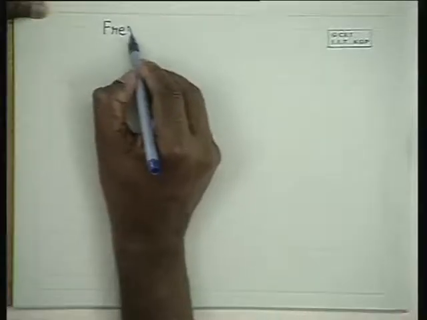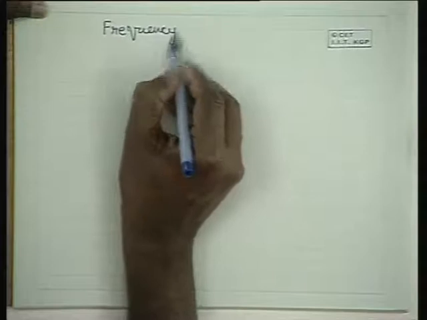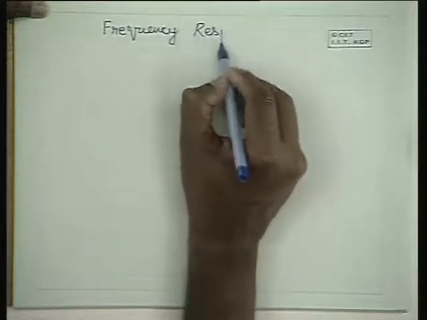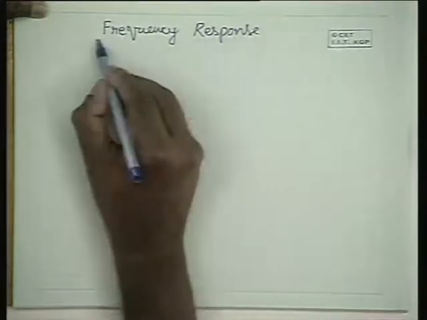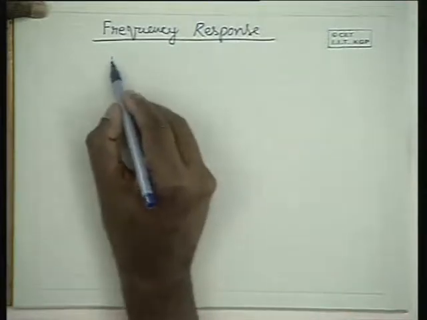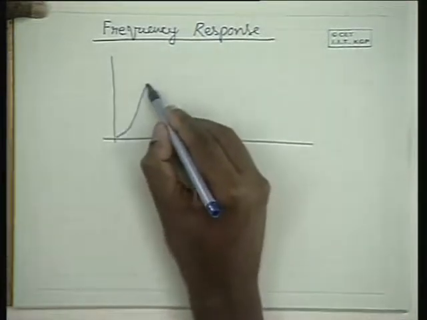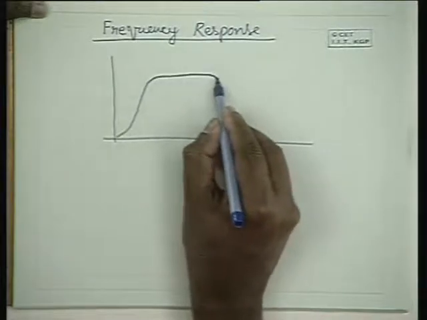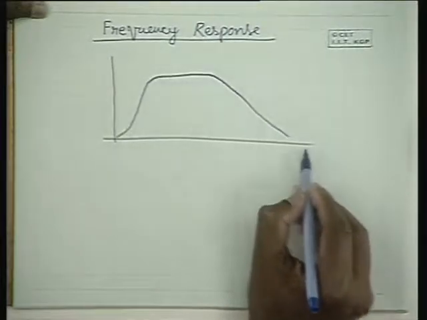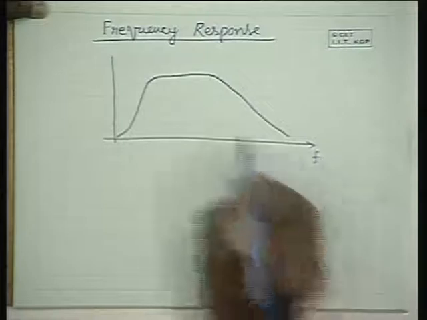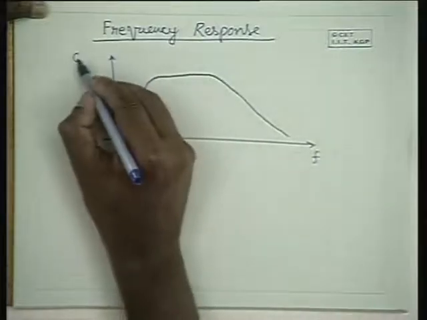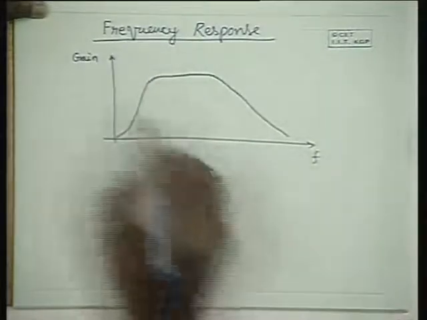So the frequency response of an amplifier, of an RC coupled amplifier, looks like this. This is gain versus frequency.